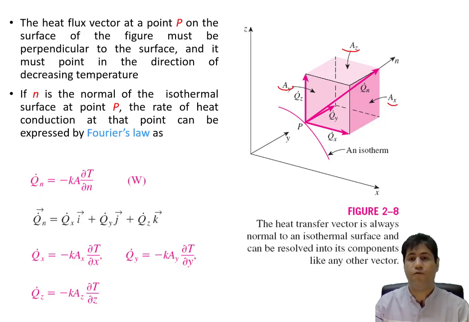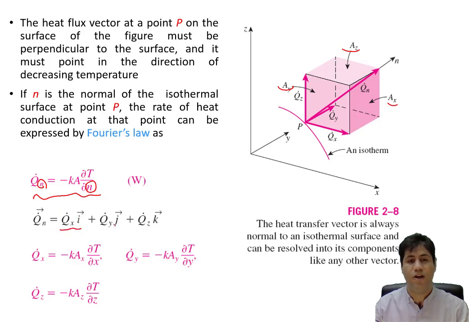So for this three-dimensional element, the general form of the equation to find the rate of heat transfer is like this: q dot n is equal to negative k A partial of temperature with respect to n, where n shows we have a three-dimensional heat transfer. In this case, q dot n will be equal to q dot x i.